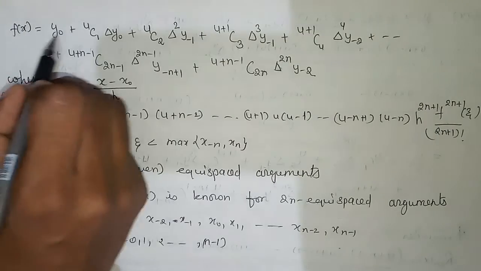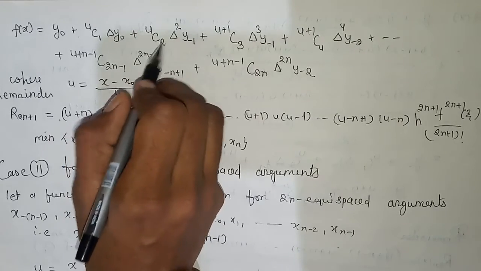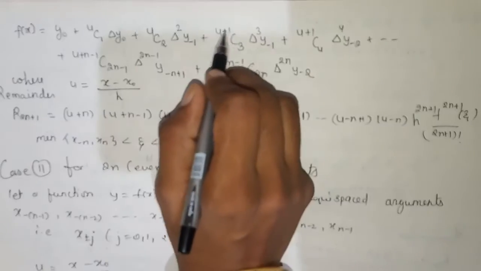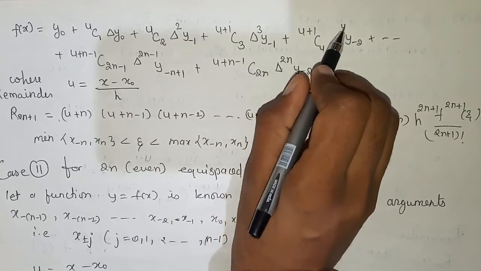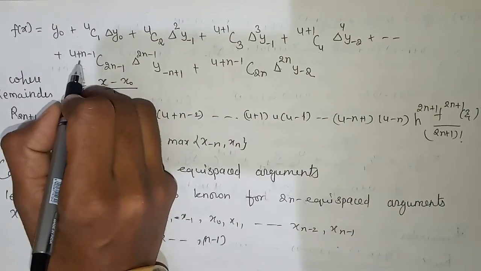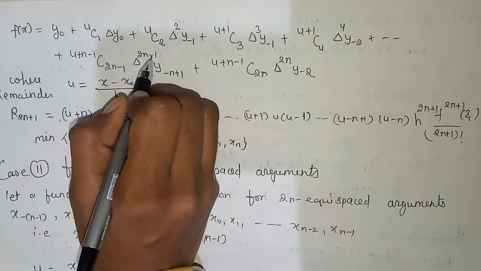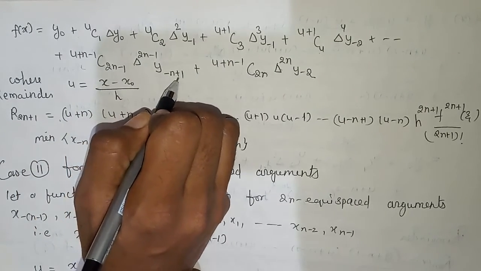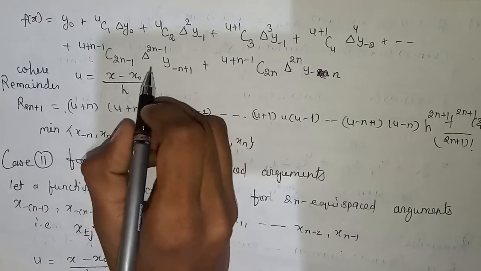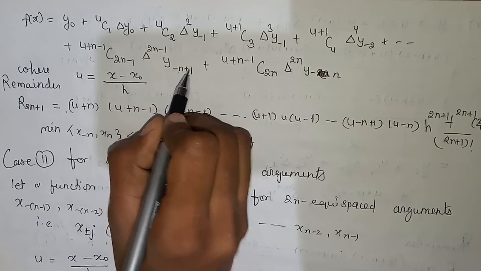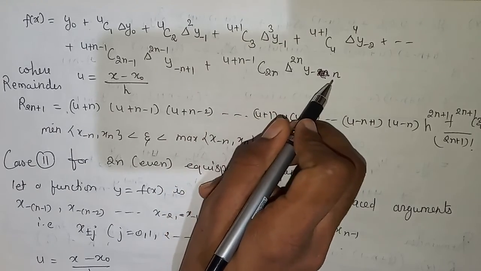So what is f of x? f of x is nothing but y naught plus u C 1 delta y naught plus u C 2 delta square y minus 1 plus u plus 1 C 3 delta cube y minus 1 plus u plus 1 C 4 delta raised to 4 y minus 2 and so on, plus u plus n minus 1 C 2n minus 1 delta raised to 2n minus 1 y minus n plus 1, plus u plus n minus 1 C 2n delta raised to 2n y minus n.